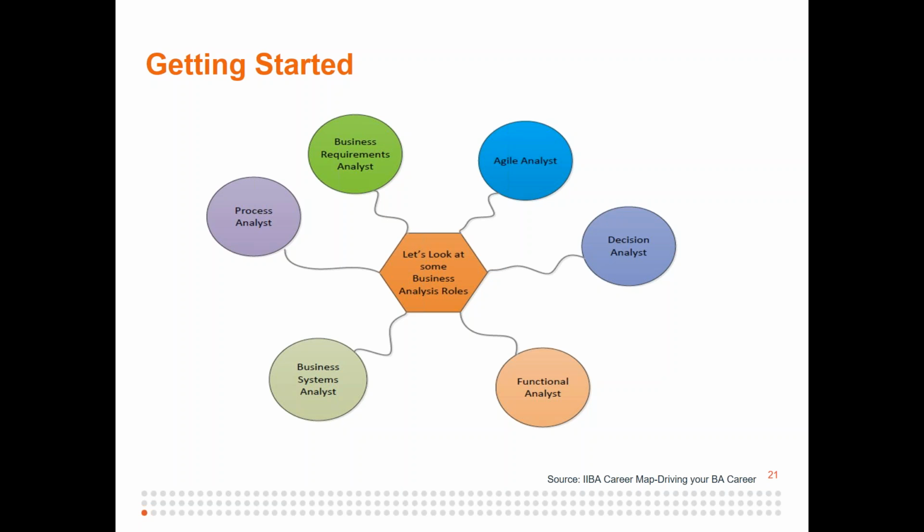Functional analysts. So if we think about it in terms of software, they're really all about the product and the features and the functionality, and really trying to make sure that things work the way that they actually need to work.